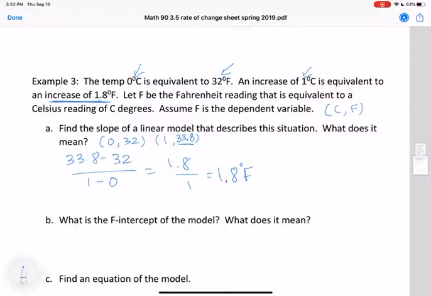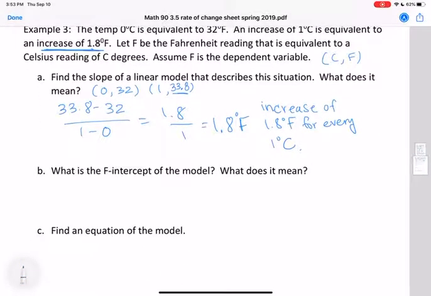So I went ahead and subtracted, and I got 1.8 degrees Fahrenheit. So that means there is an increase of 1.8 degrees Fahrenheit for every 1 degree Celsius. Okay, what is the F-intercept?